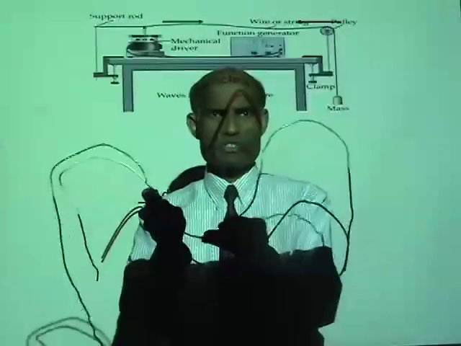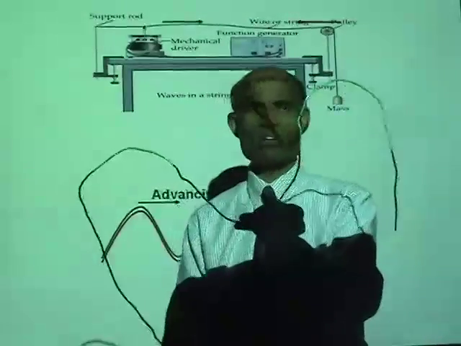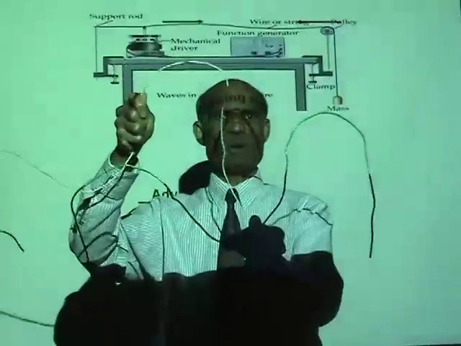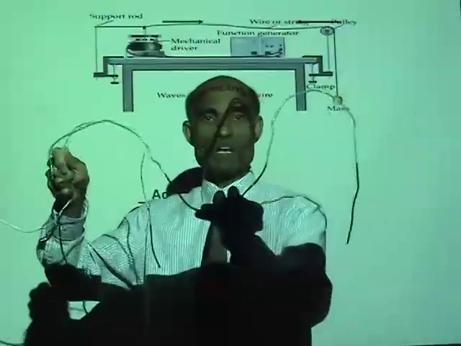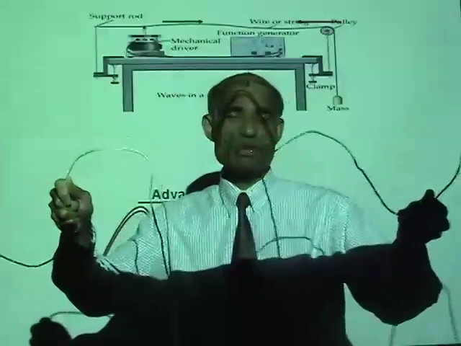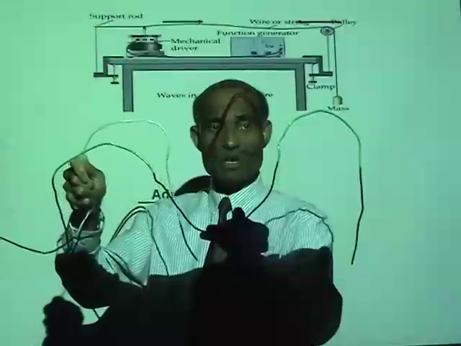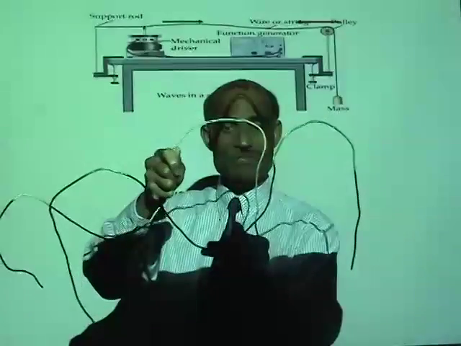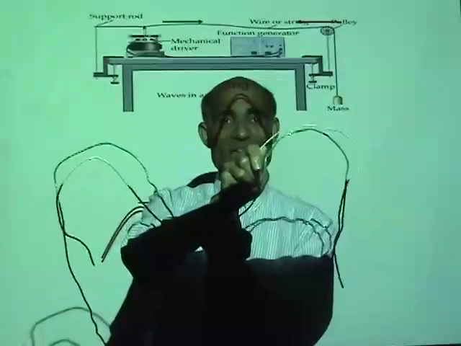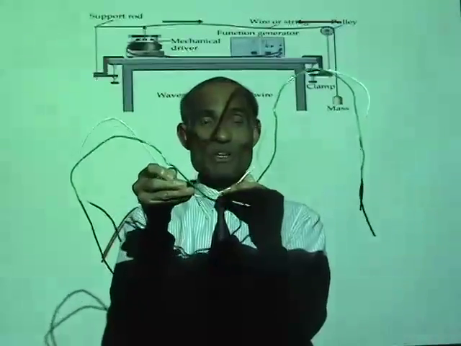Now this is the green wave, and I could not find the red one, so I'm using a white one here. Now the advancing wave and the reflected wave. So the green wave is going to go to the right, the white wave is going to go to the left. And you can see at some time how they superimpose.